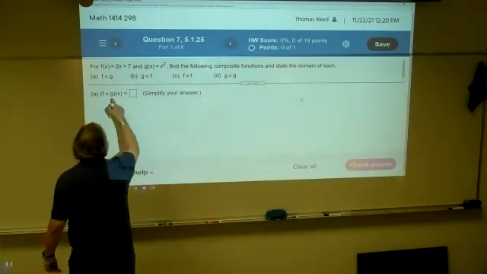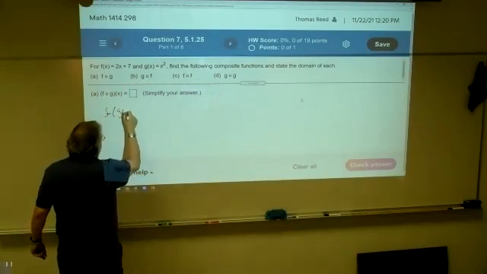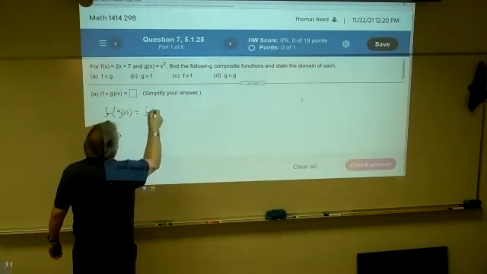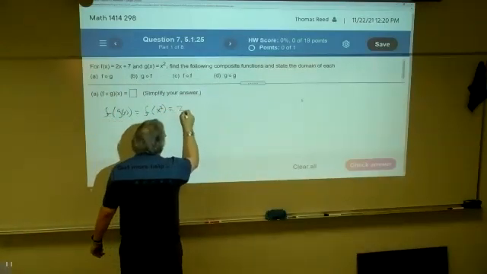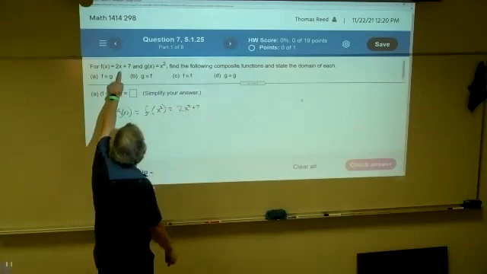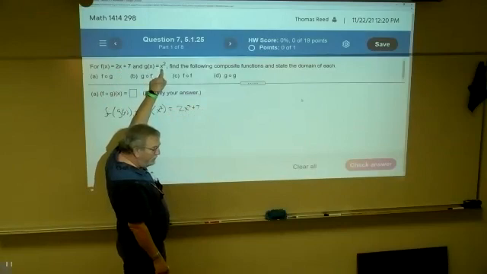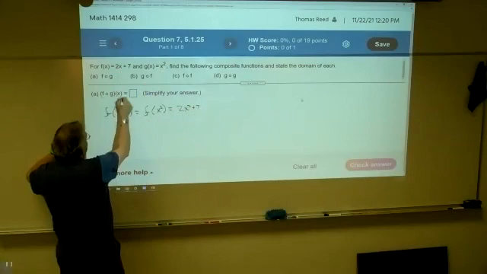But F composed with G is F of G of X, which is F of X squared, which is 2 times X squared plus 7. Right? I'm going to replace X with X squared. And that is this one.